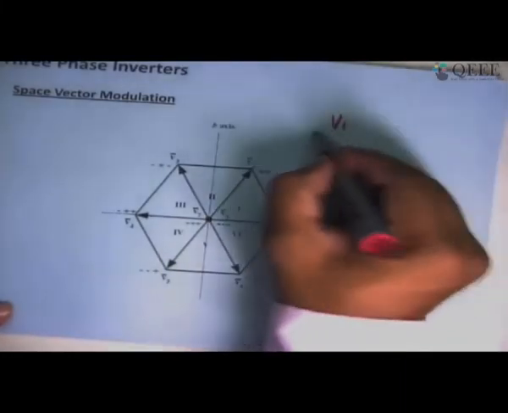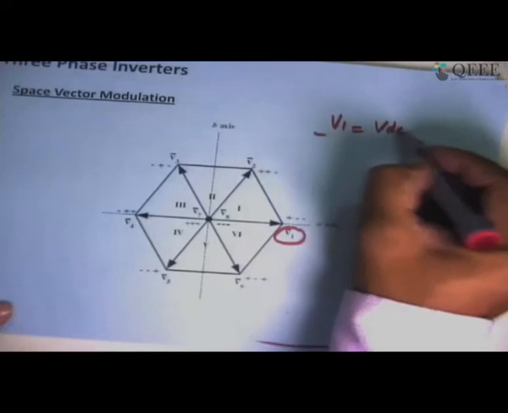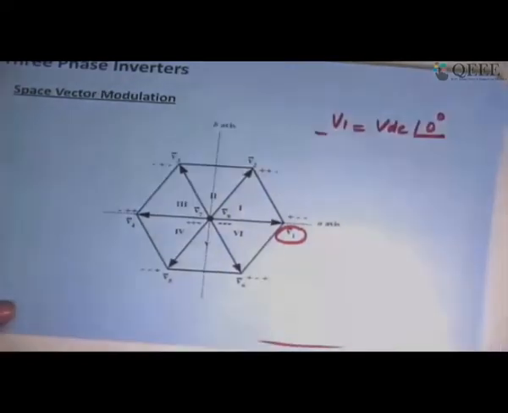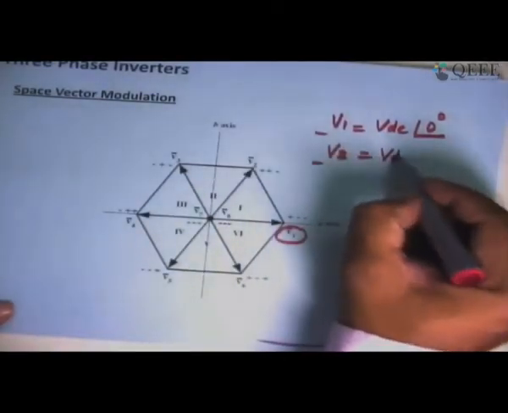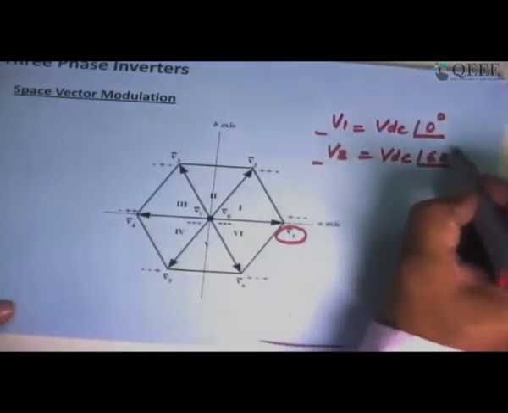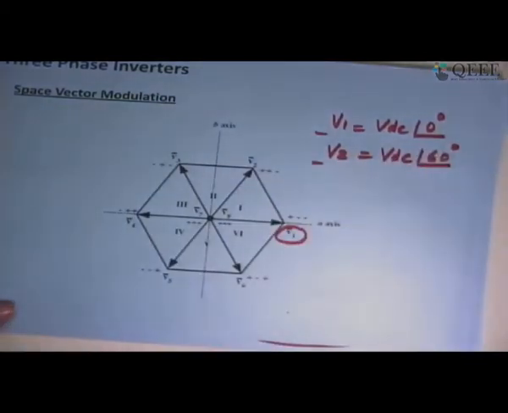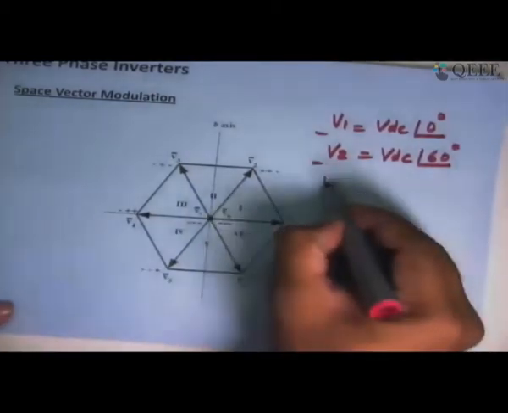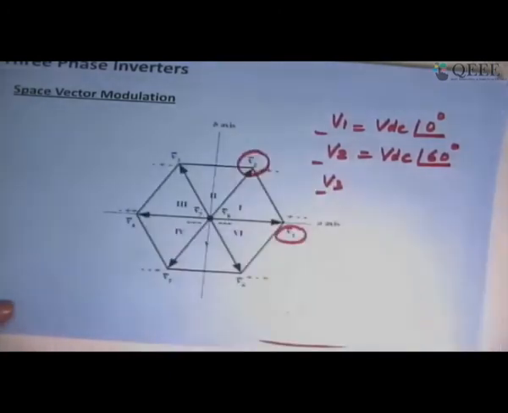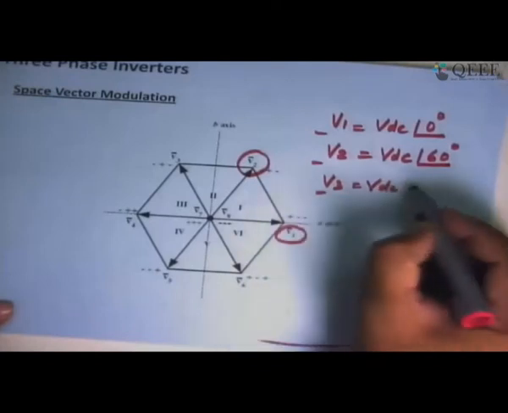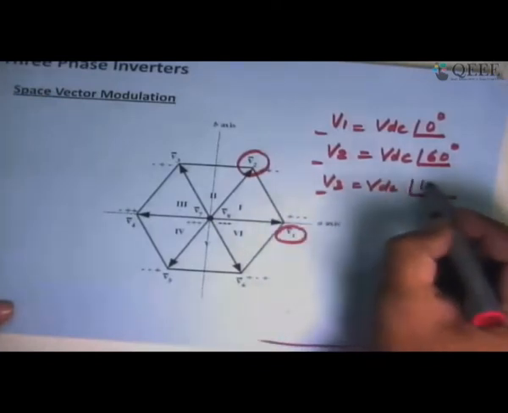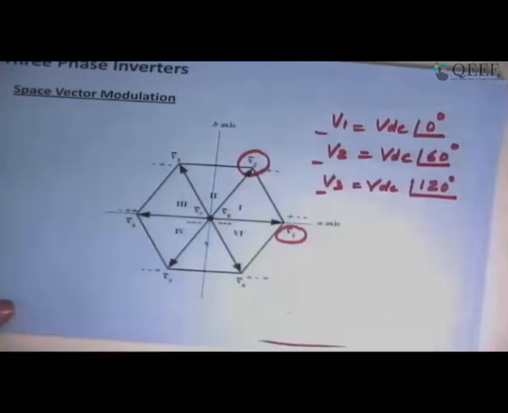The V1 vector is nothing but VDC angle 0. The V2 vector is VDC angle 60 degrees. So this one. V3 is VDC angle 120 degrees.